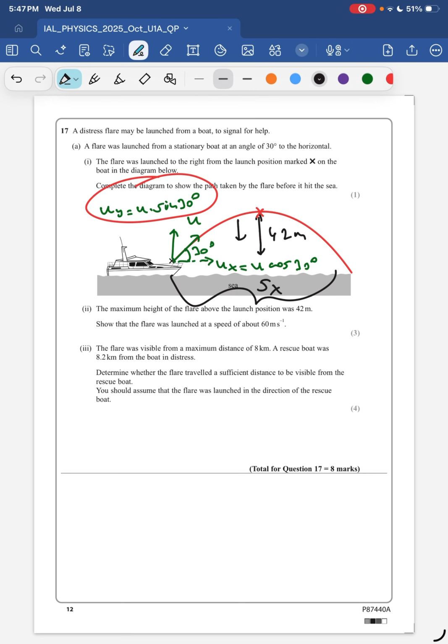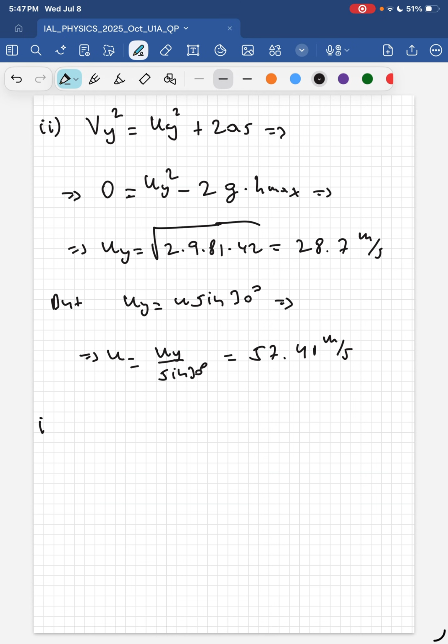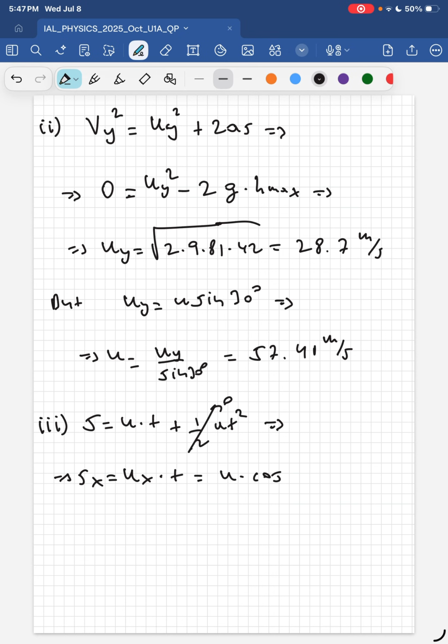Okay, and finding Sx is simple, kind of, because s is ut plus 1/2 at squared, but in the x direction there is no acceleration. So Sx is Vx times t, okay? And Sx is u times cos 30 times t. But we don't know t, but we can find t. How?